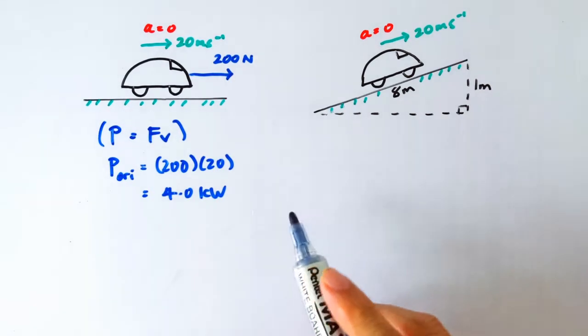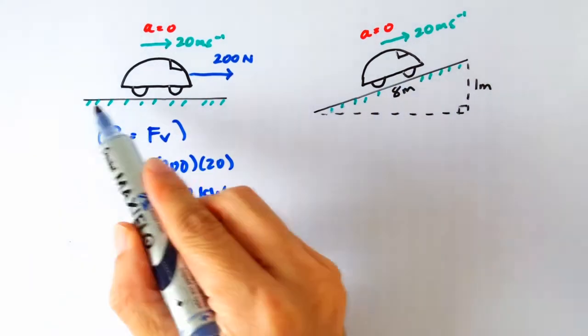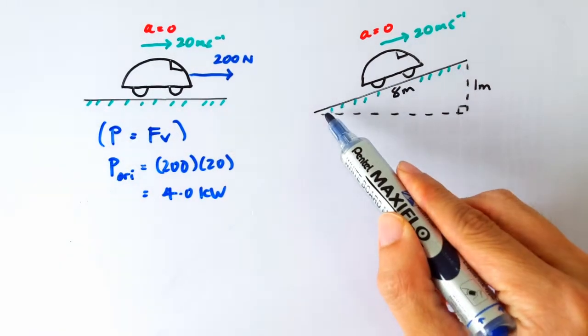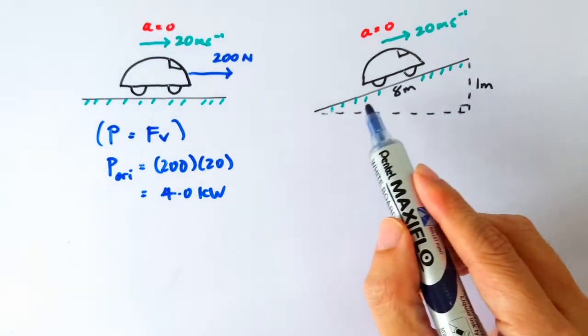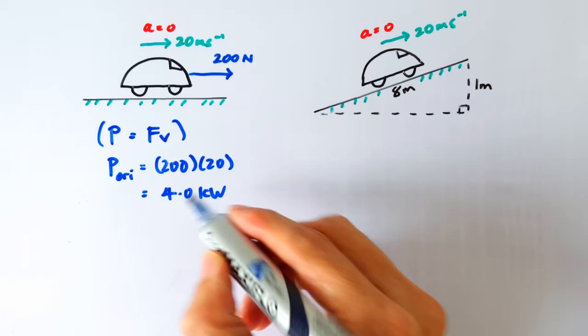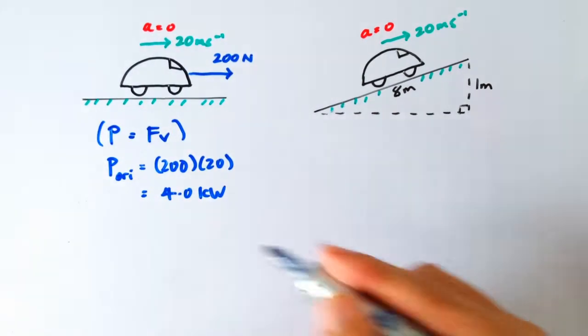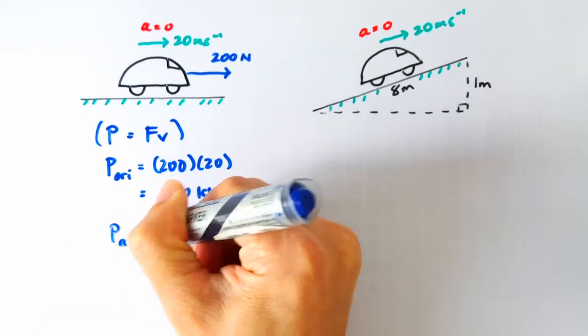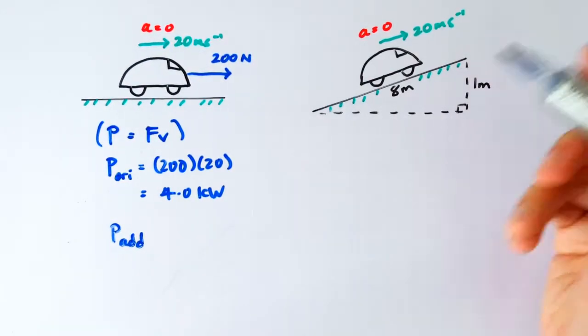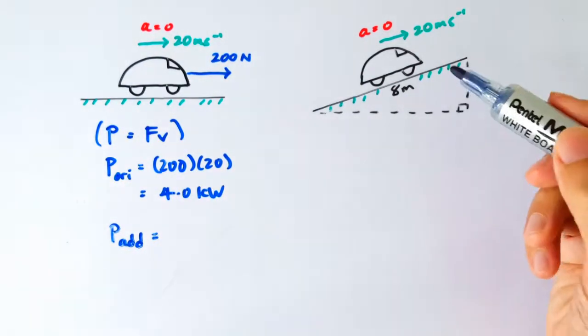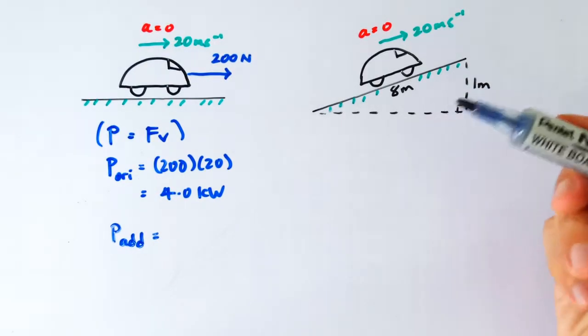Alright, so now the car, instead of a level road, is going uphill against a gradient here. If it's going uphill, then we'll need additional power in order to gain the GPE. GPE is given by the formula mgh.